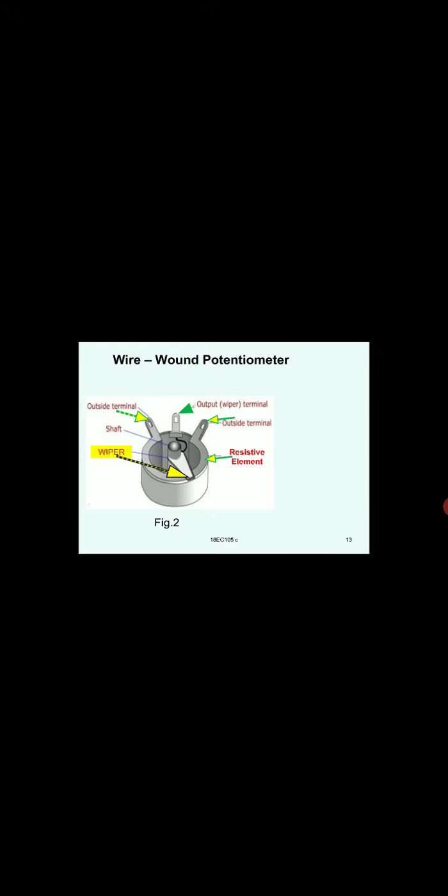Then this is the wiper that is actually attached to the shaft, and it is going to contact with the resistive element on the periphery of that.